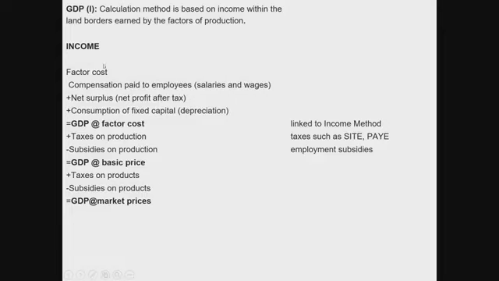So how the income method differs from your production method is that your income method has GDP at factor cost added in, and then to convert the factor cost to basic price, you still add, you see it's always plus taxes minus subsidies. Here, plus taxes minus subsidies, but it is taxes on production and subsidies on production first, before you come to taxes on products, because I find students sometimes get confused between the two.